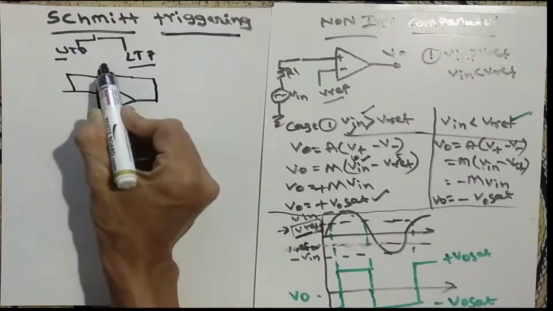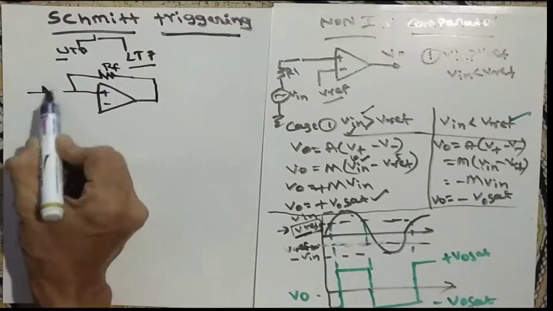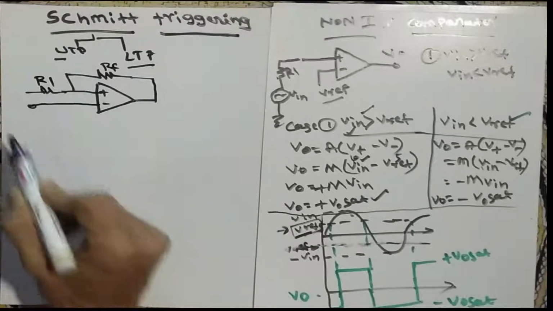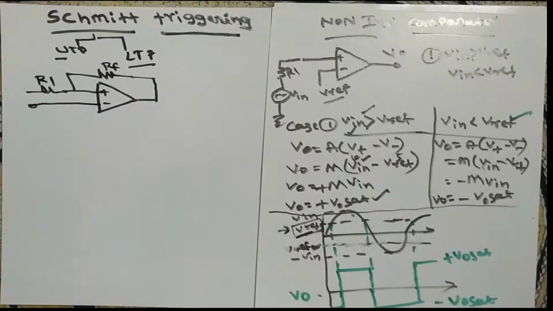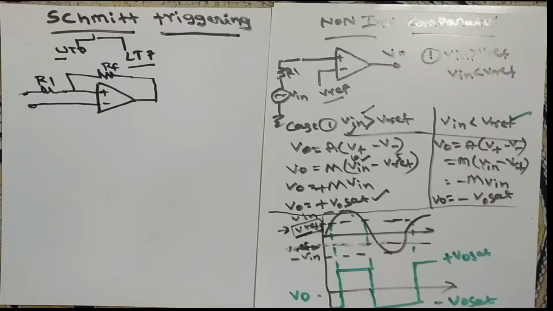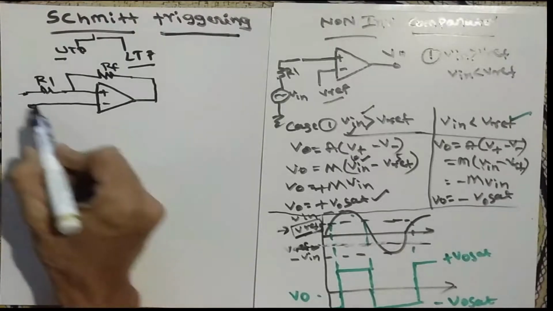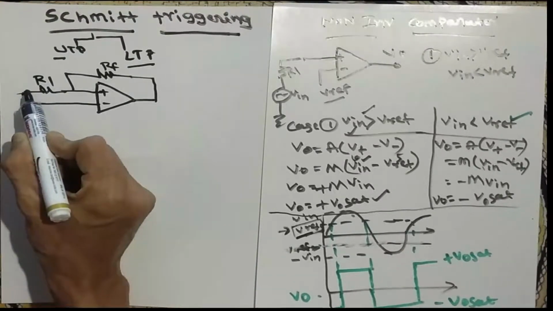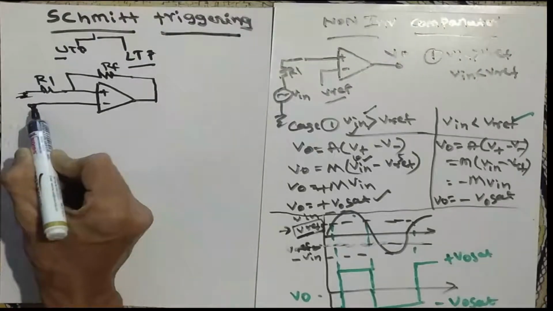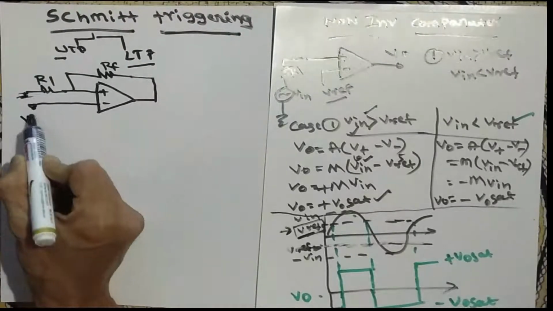Here we can call this one RF, and here one more resistor, R1, and this is the negative point. We have two points here, one negative and one positive, and according to that we decide which type of input we can give. Usually we are not giving any input to the R1 point, and this point is grounded, and to the negative we give the input voltage Vi.